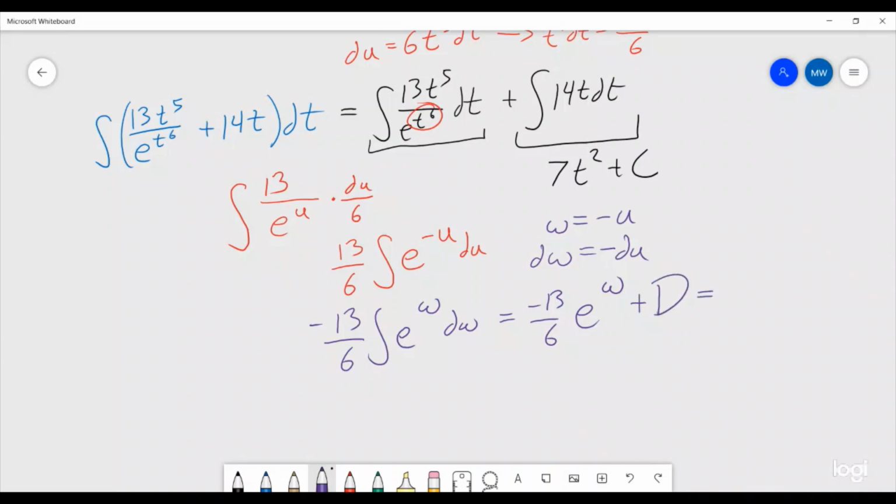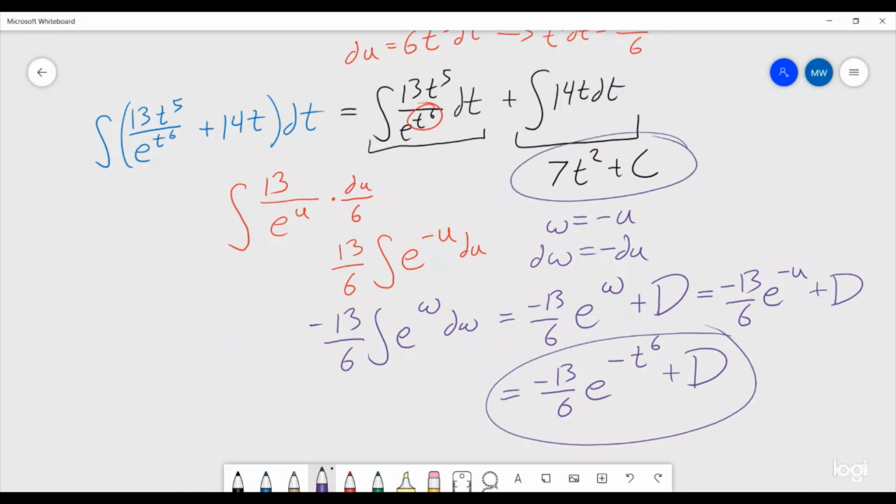When we replace the w, that becomes negative 13 sixths e to the negative u, and when we replace the u, that becomes negative 13 sixths e to the negative t to the 6th, plus d. So our final answer is going to be this plus this.